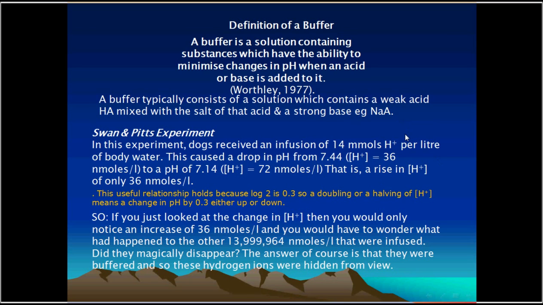What about the rest of these 14 million nanomoles? All of it has been masked by interaction with certain solutions or certain substances, and there is no more free hydrogen ion except the 36 extra, which made a drop in the pH from 7.44 to 7.14.